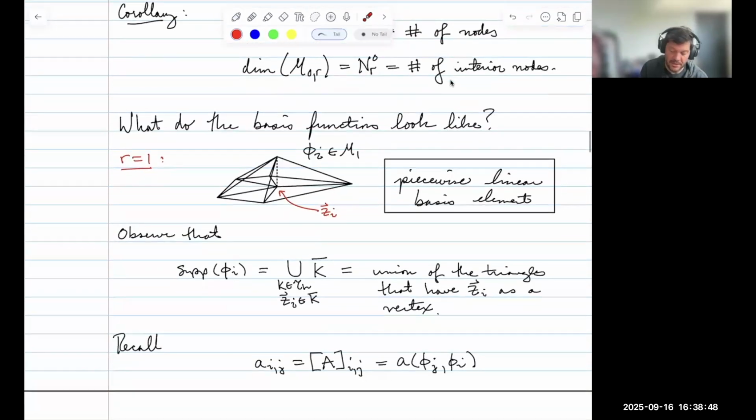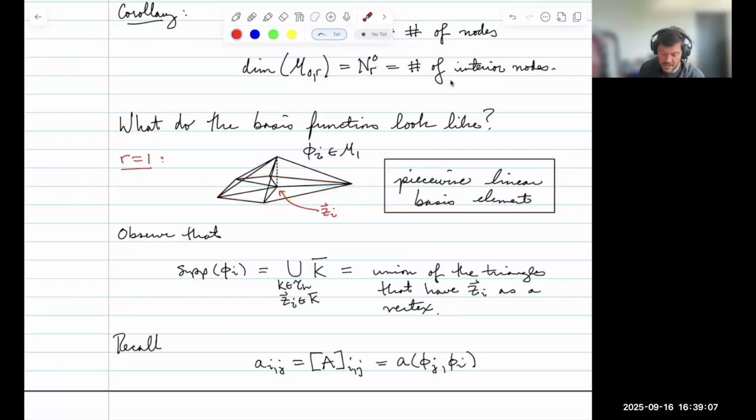So what is the support of this function phi I? The support of the function, as you recall, is the closure of the set where this function is non-zero. So that's going to be these triangles down here.